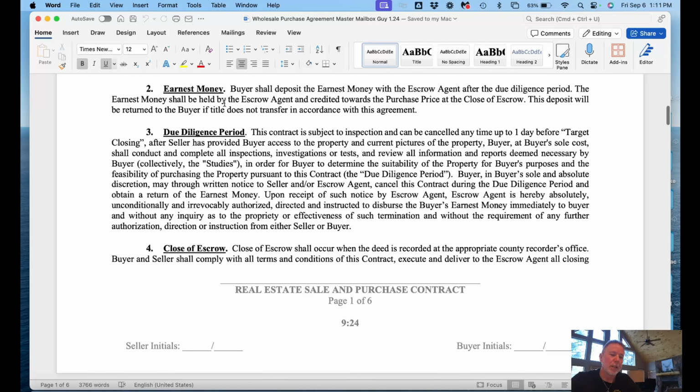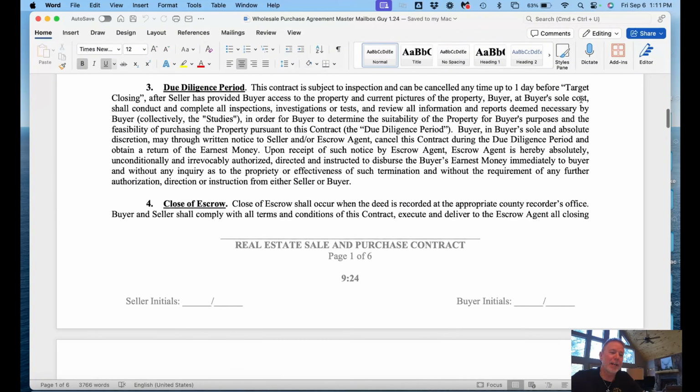Earnest money. This is one of those ninja tricks our attorney taught us. Buyer shall deposit earnest money with escrow agent after the due diligence period. So the key there is to look at the due diligence period, our next section.